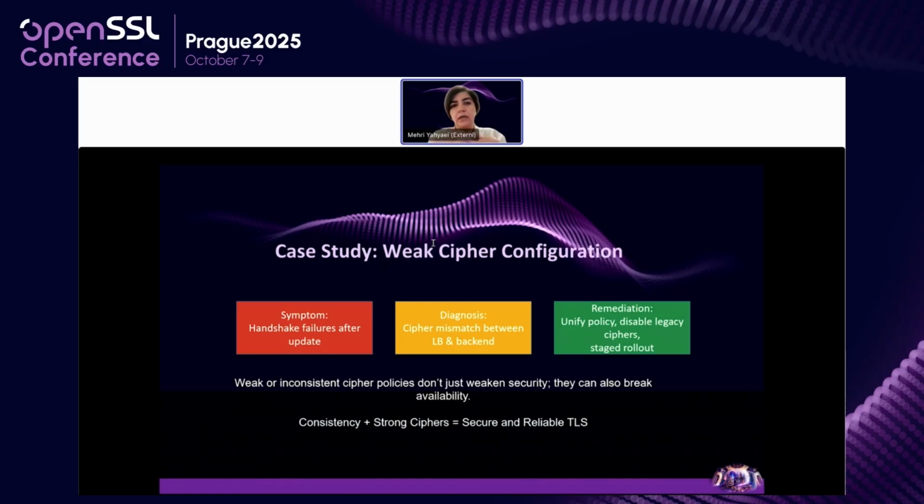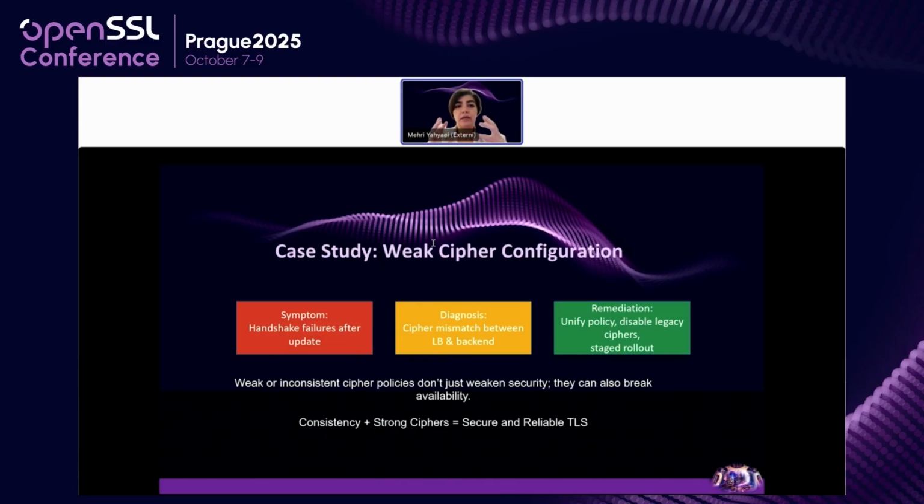Let's see this example this way: we had an update before, and now we are facing a failure between, for example, the load balancer and the backend server. What would be the root cause? Cipher mismatches between the load balancer and backend server. This is what we are seeing now.